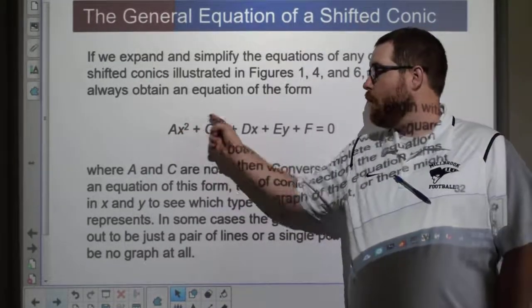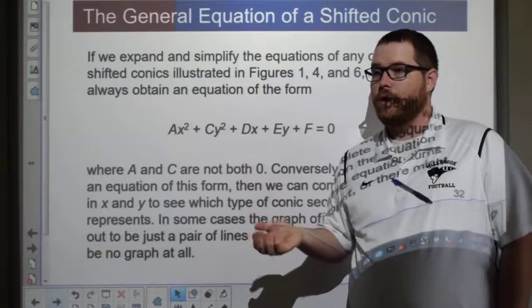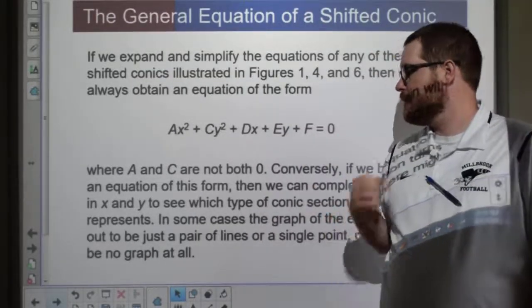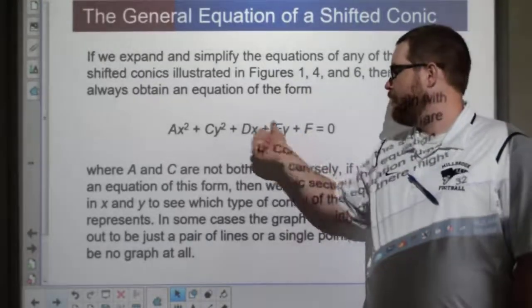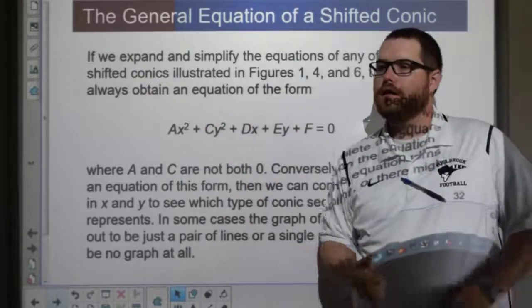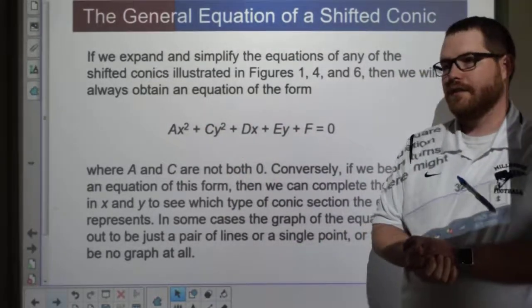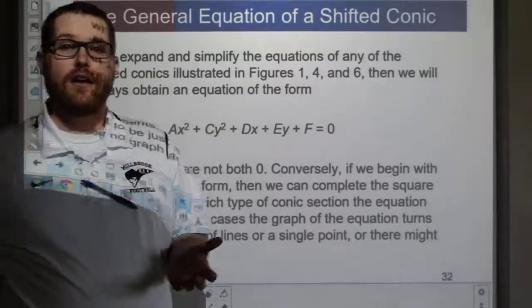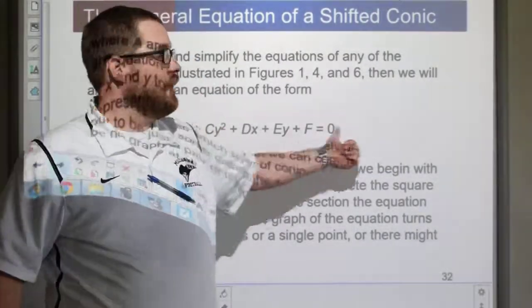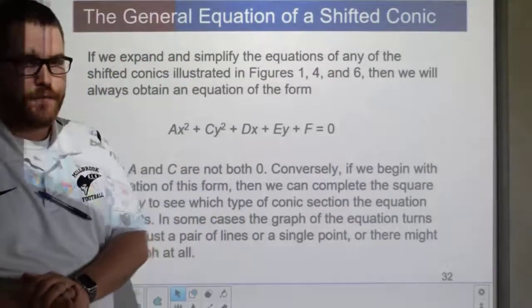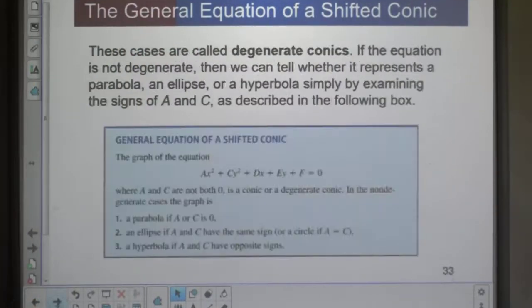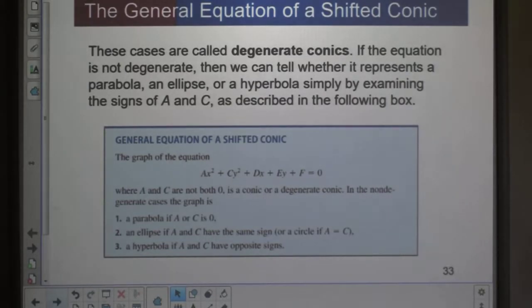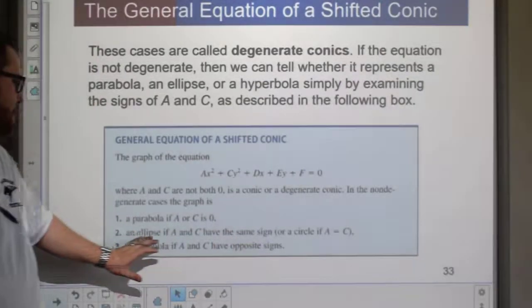If one of these squares is missing, if there's only an x squared or a y squared but not both, it's going to be a parabola. Then I'm going to do some sort of completing the square here to see what my equation is. Sometimes it doesn't work out at all. Not every equation that's written like this is going to be a conic section. Okay? And here's what I just said a second ago.